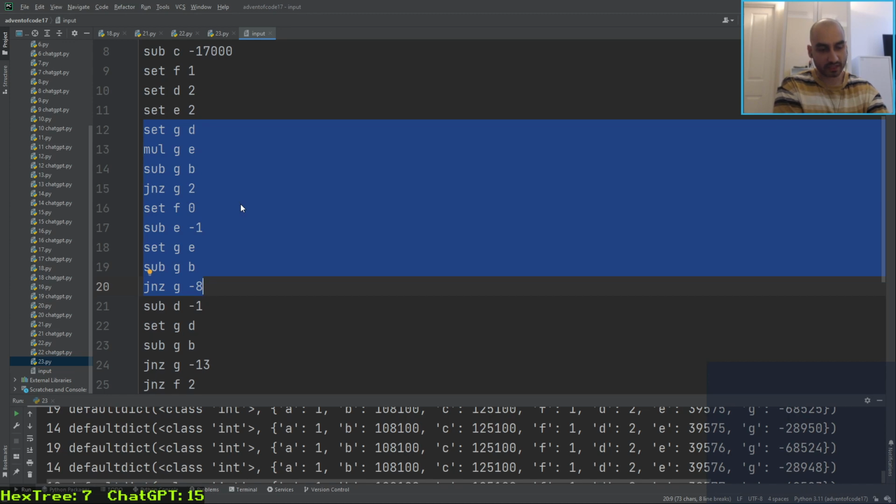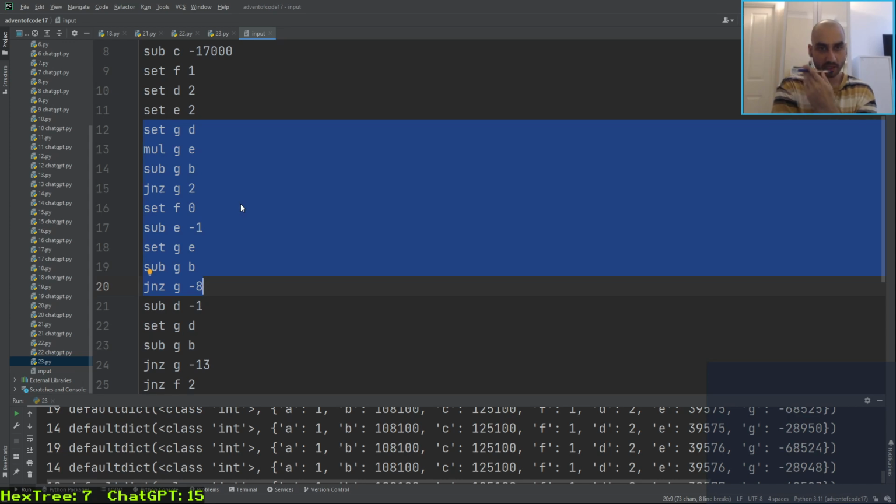So there's basically 3 conditions. If B equals D times E, F is 0. And if E equals B, we break out of the loop. So it's basically a while loop.